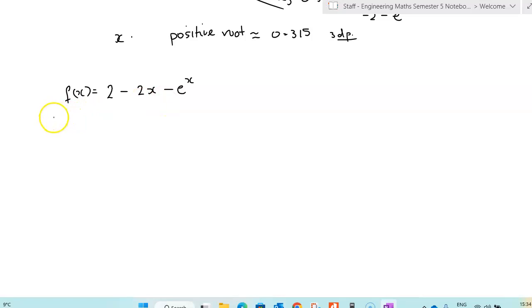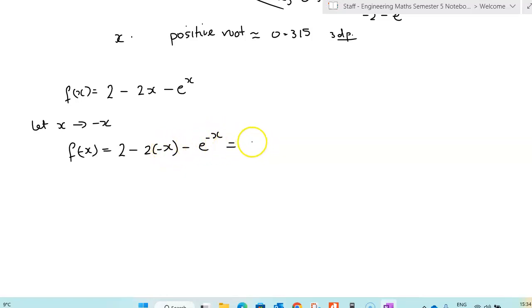Now, we're being asked, is there a negative root? So we'll let x become minus x to show that it's negative. So we'd have f of minus x is equal to 2 minus 2 times minus x minus e to the minus x.